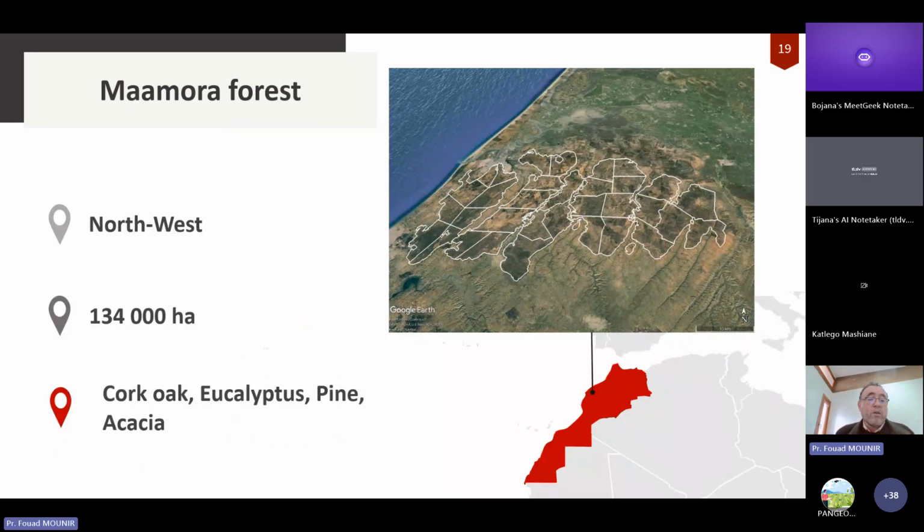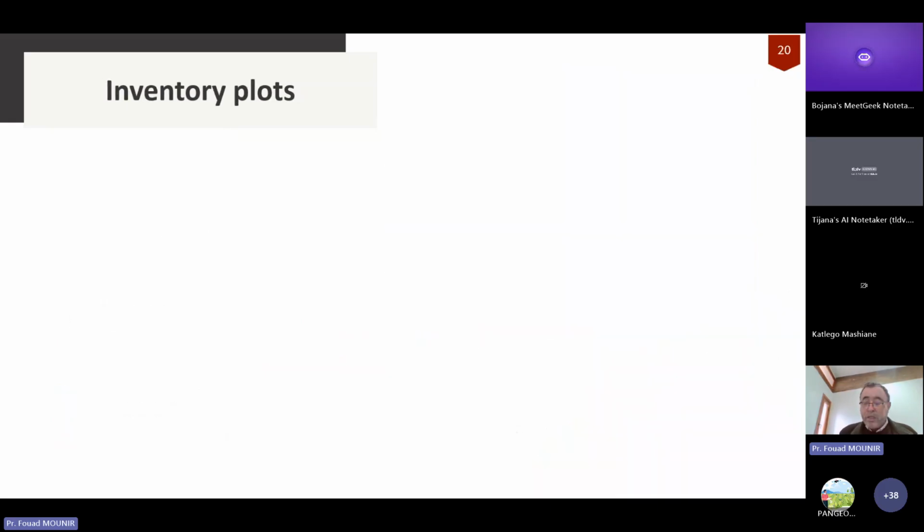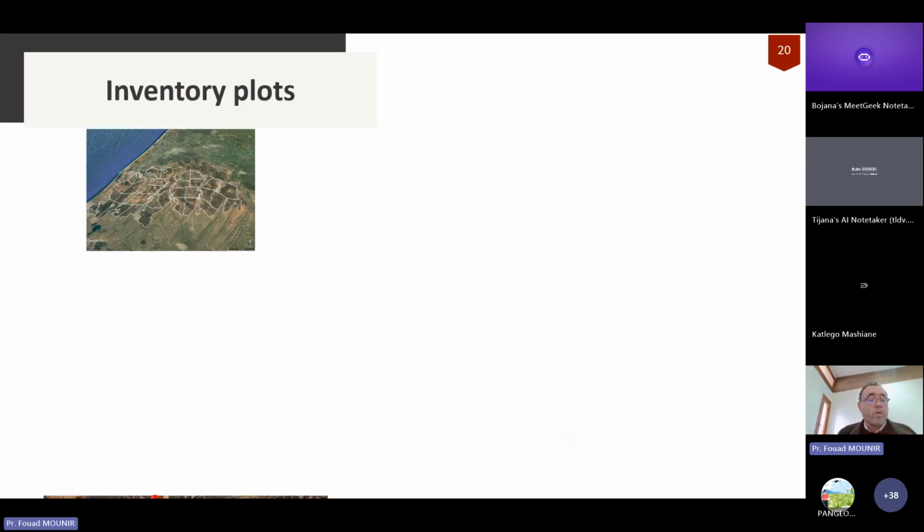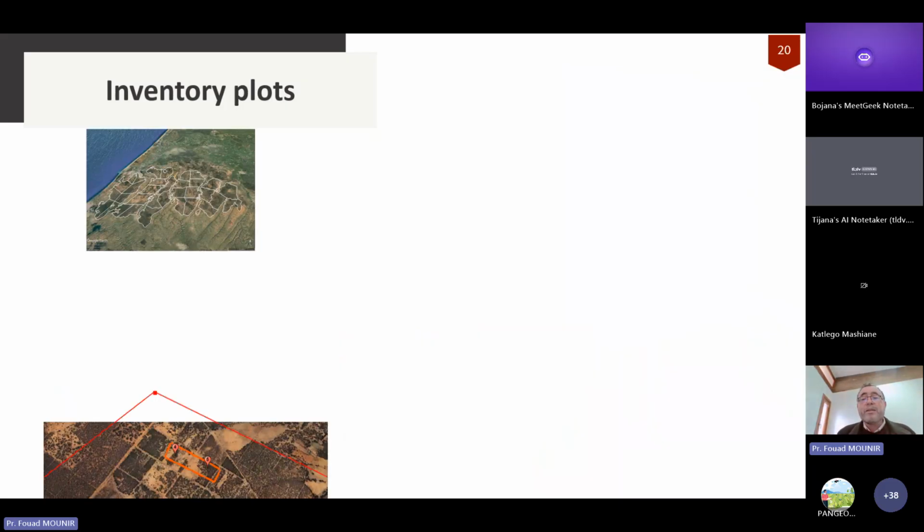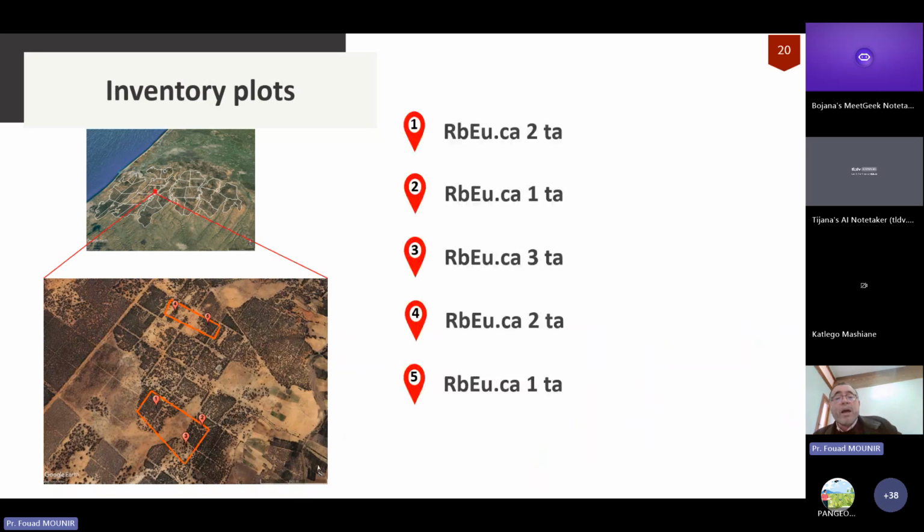This forest is about 134,000 hectares, and within it we chose some plots in which we conducted this research. These plots are mainly eucalyptus, because we conducted this research only in eucalyptus stands, and they have different densities, from density 1, the most dense stand, to density 3, the least dense stand.